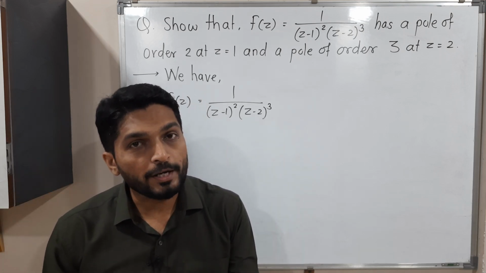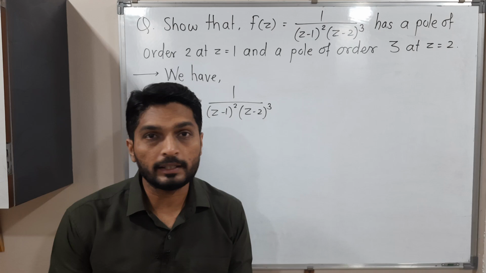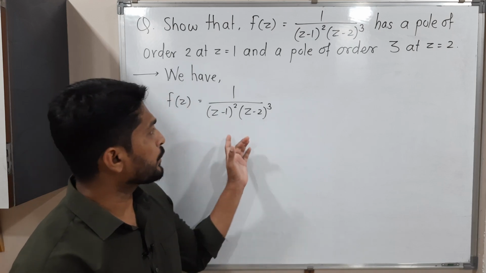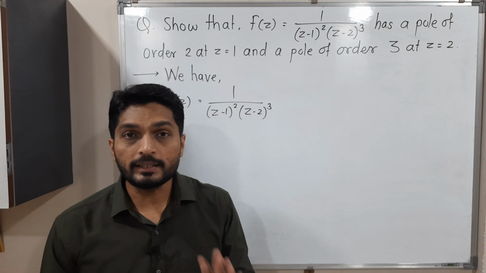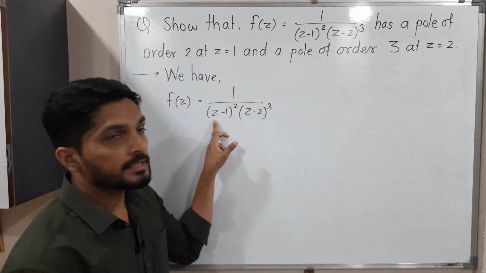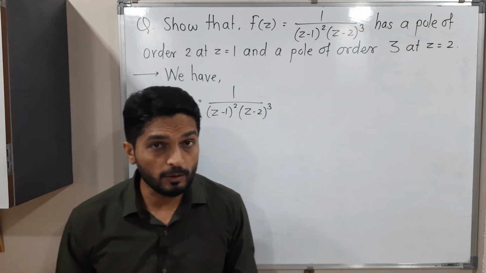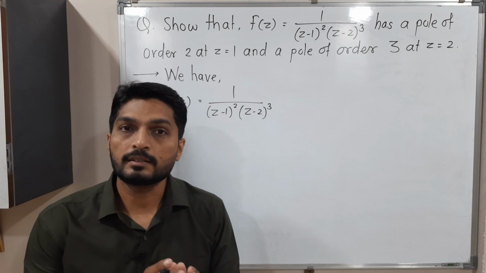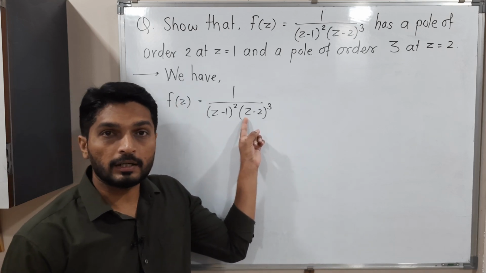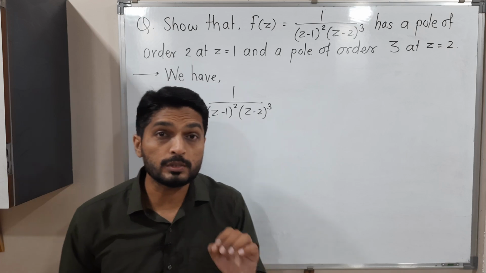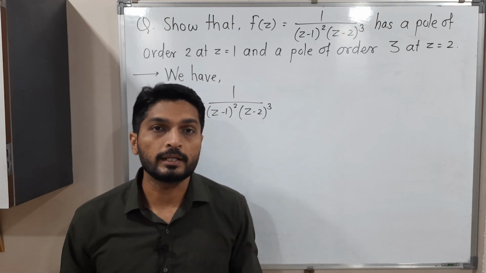Singularities mean points where the function is not analytic. In this case we find the points where the denominator is 0. You can easily see, if I put z equal to 1, the denominator will be 0, so z equal to 1 is a singular point. Similarly, if I put z equal to 2, again the denominator will be 0, so z equal to 2 is also a singular point.